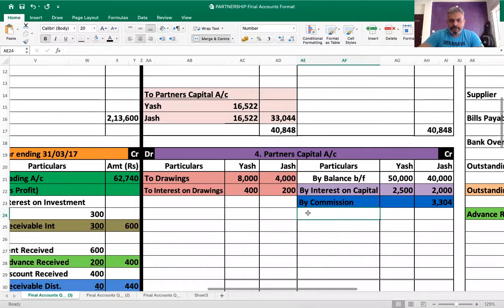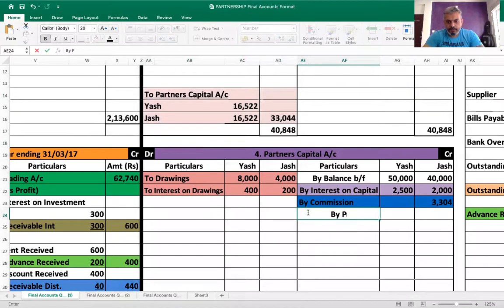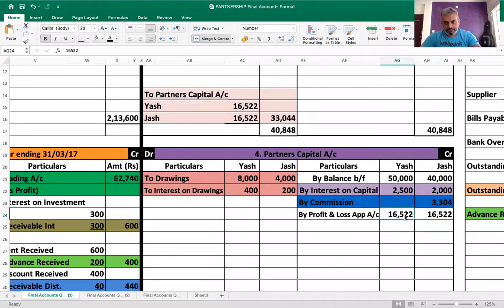Transfer it to partners capital account by profit and loss appropriation account. 16522, 16522.